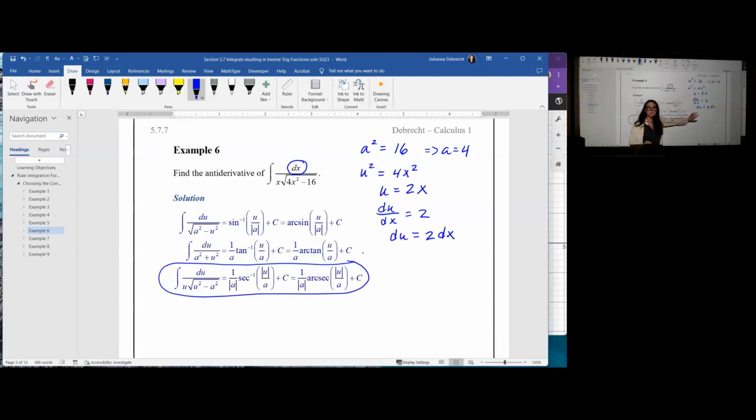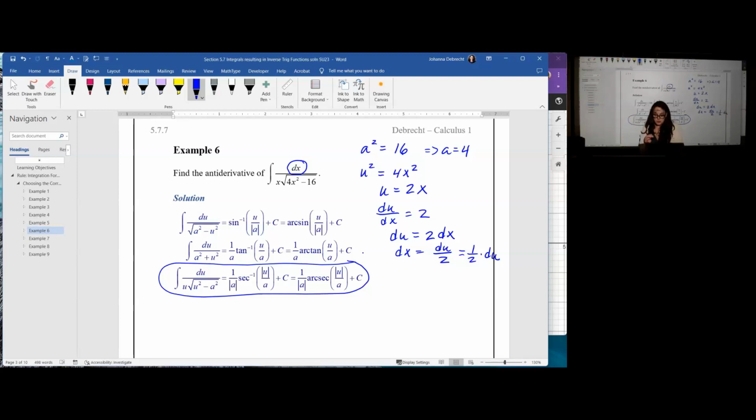And then we want to solve for dx. In most of these types of problems, you do want to solve for the differential dx instead of leaving it with other factors attached. This tells me that dx is equal to du divided by 2, which I can think of as 1/2 times du.